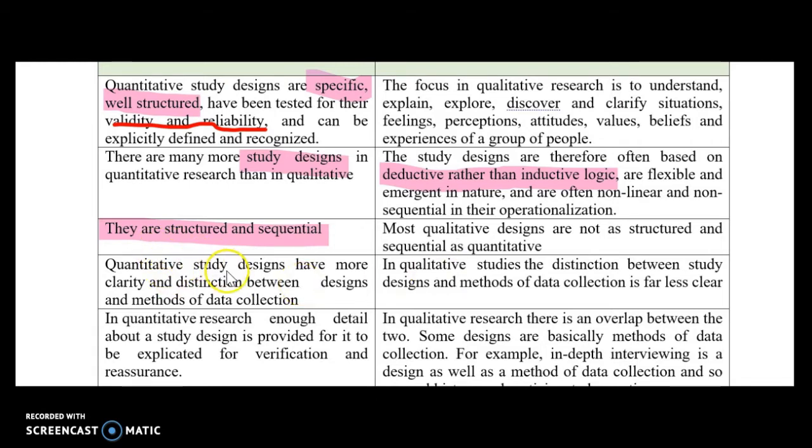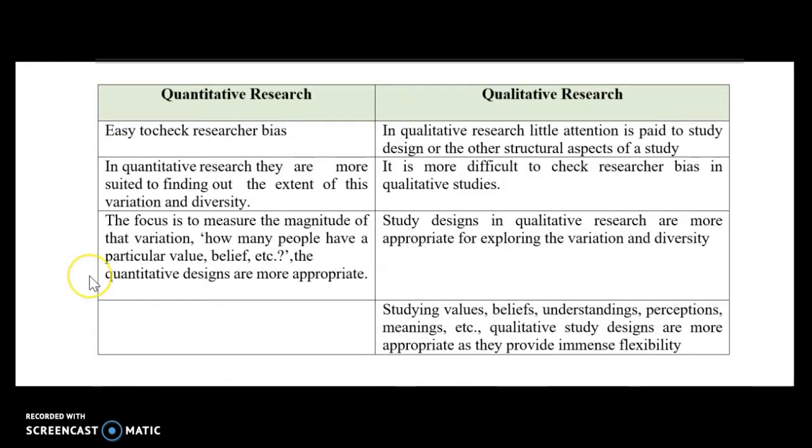In the qualitative one, the distinction between study design and methods of data collection is less clear.